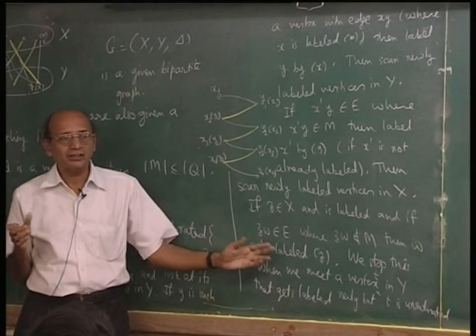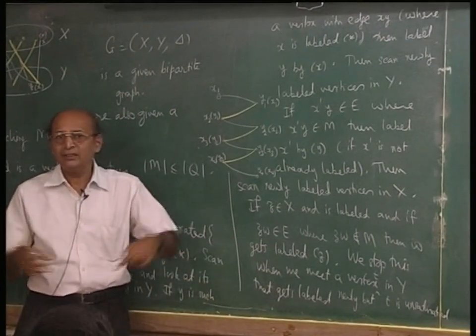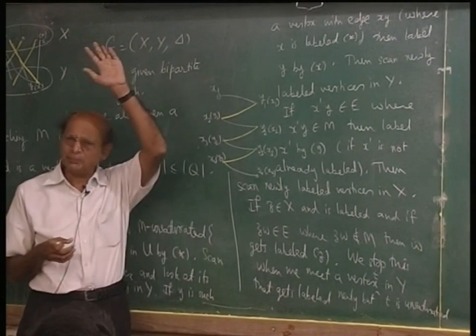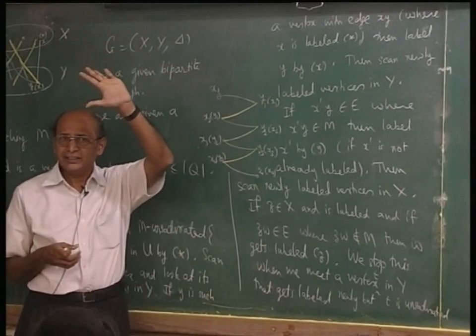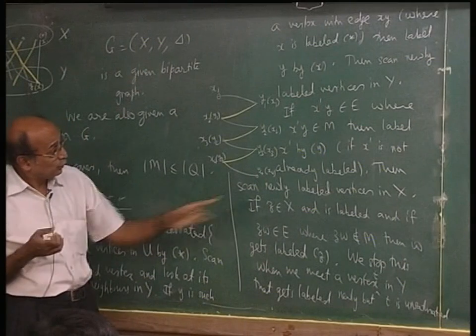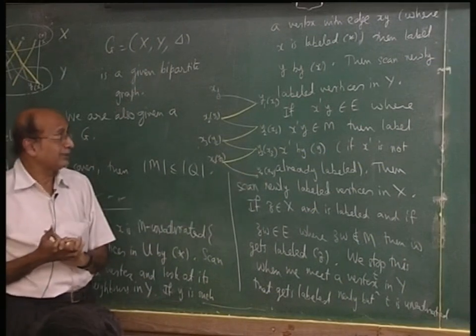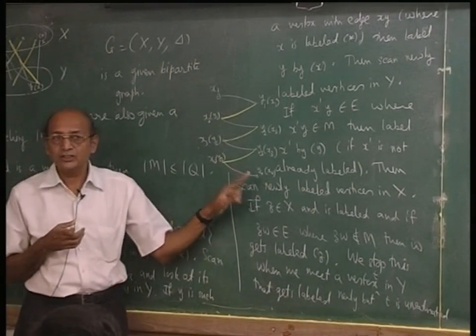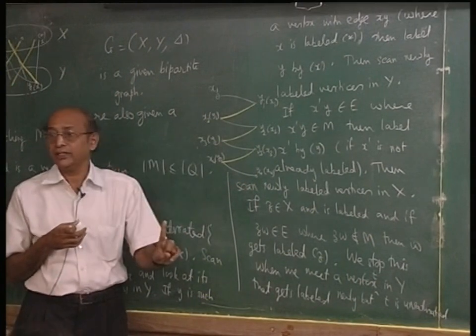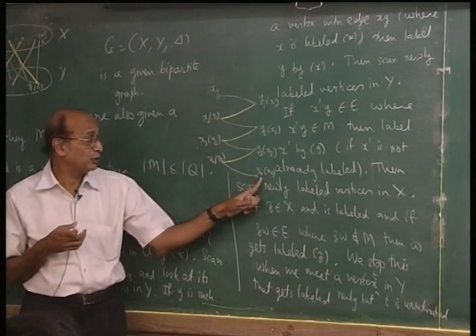If I don't succeed in that, keep labeling, keep doing this as much as you can. Is that clear? Keep doing this until you find a vertex in Y which is newly labeled and is unsaturated. Main thing is this is unsaturated.